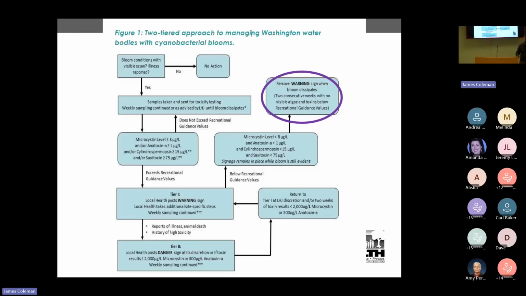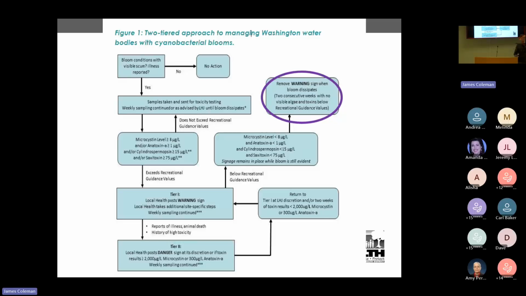And the State Department of Health has set thresholds. If the toxin is above a certain concentration, they deem that hazardous to your health or risky. And so we follow this sort of outline.